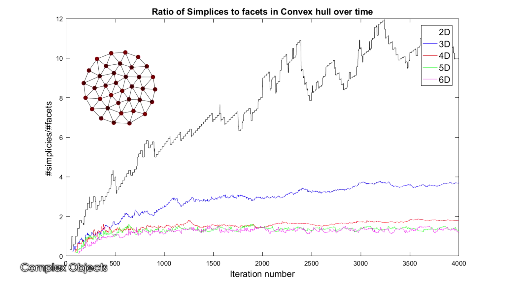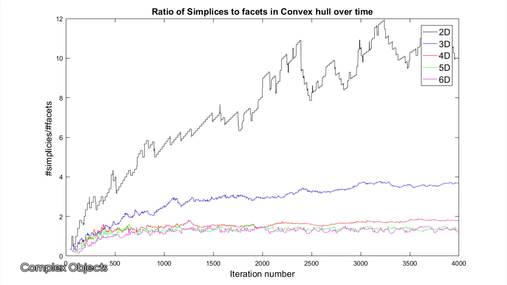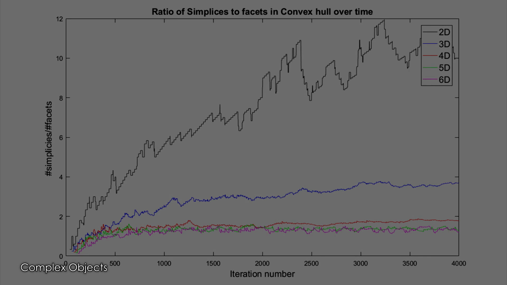What's surprising is that as you move into higher dimensions, it seems to asymptote out pretty quickly to a ratio which is close to 1. So meaning that when you compute the convex hull, there's 1 facet simplex for every interior simplex, which kind of suggests that the entire thing is one giant shell, like it's all shell.